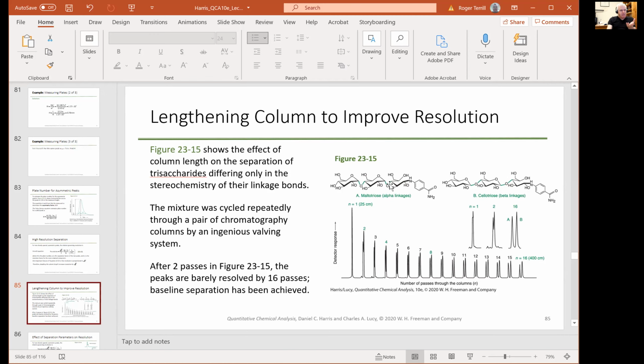But somehow, just the stereochemistry of this thing turns starch into wood.